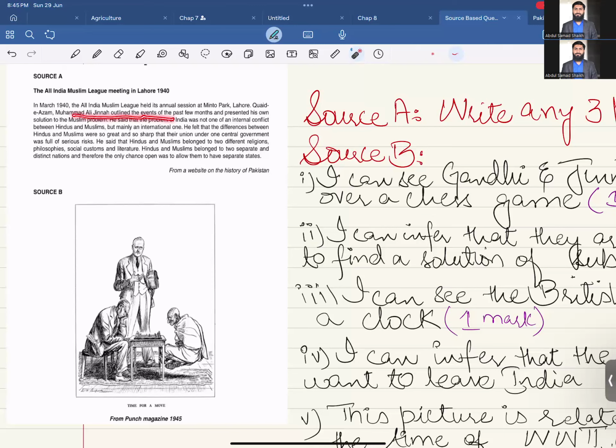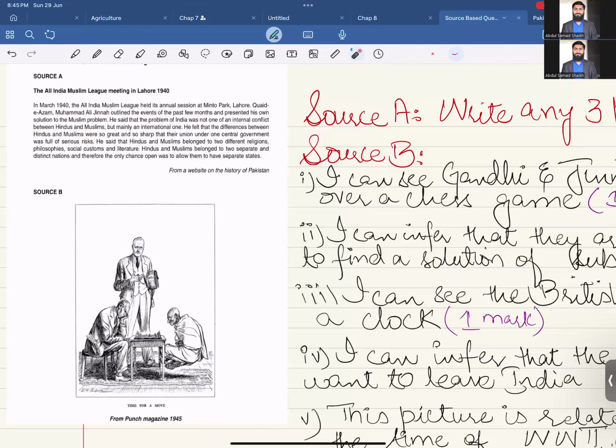Muhammad Ali Jinnah outlined events of the past and presented the solution to the Muslims' problem. So we can convert it in our own words that Mr. Jinnah presented the solution to the problems of the Muslims in the session like this. He said that the problem of India was not one of an internal conflict between Hindus and Muslims, but mainly an international one.